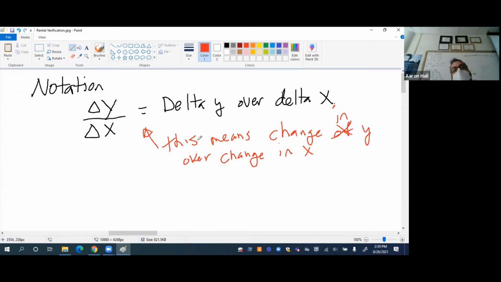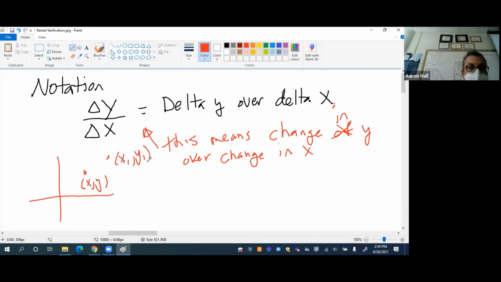And I would argue that if I'm looking at something, let's go back to this point right here and this point here. This is some x, y, and this is some other x subset 1, y subset 1. When we change from this y to this y, the change is what?